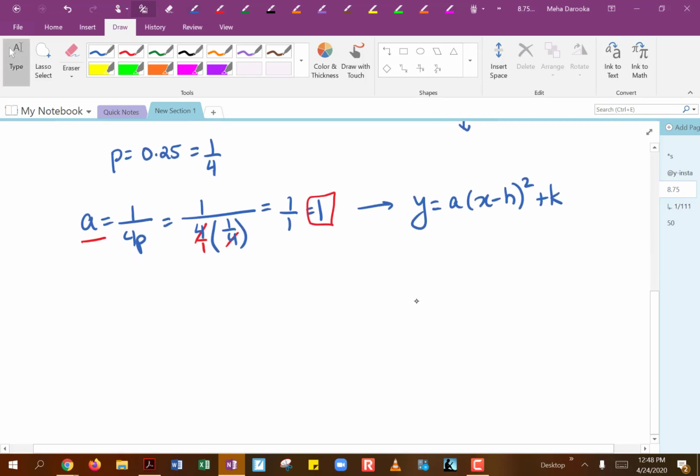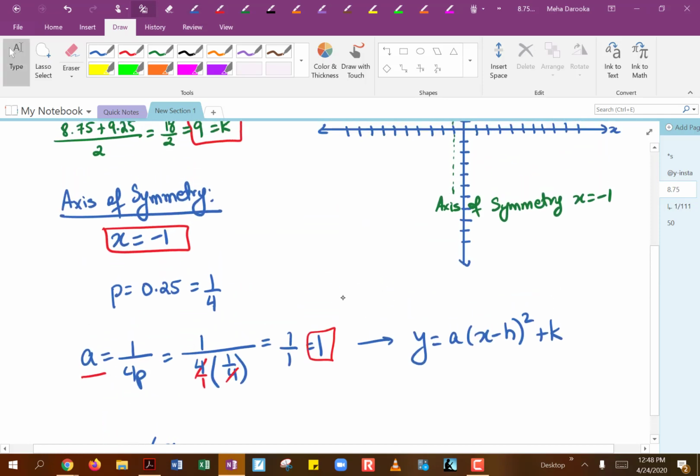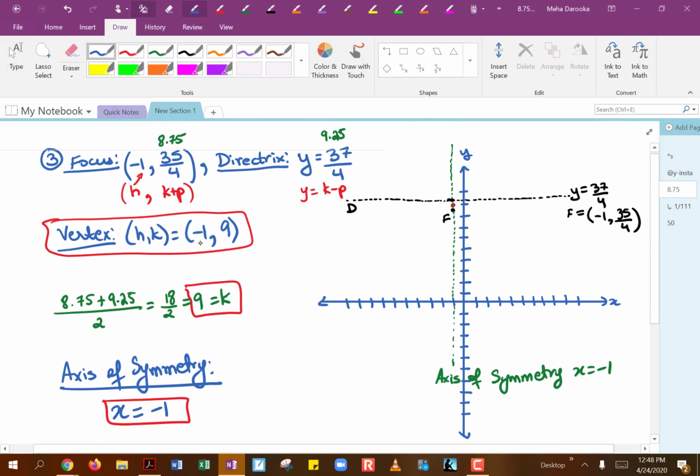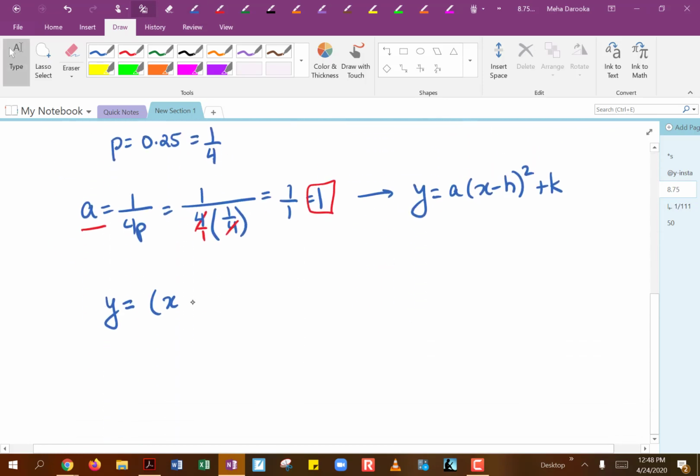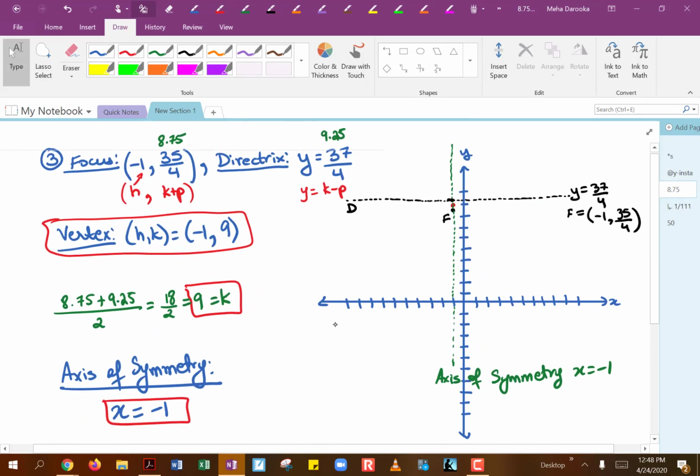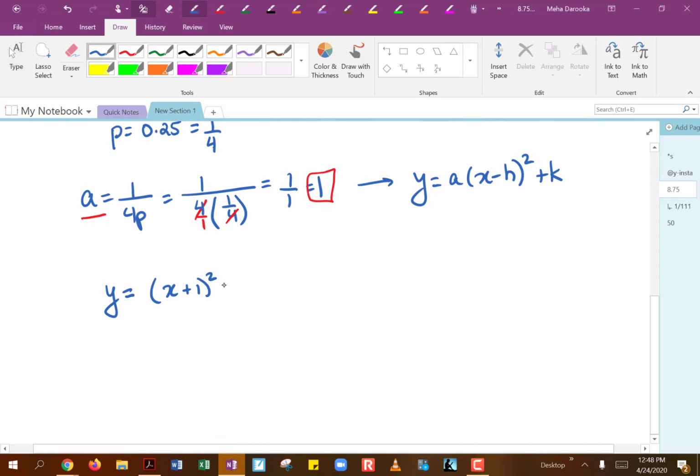So the equation will come out to be y equals, a is 1, so you can just leave that as it is, x, h is -1, which means this will be +1 squared, and then k is +9, so this will be +9.